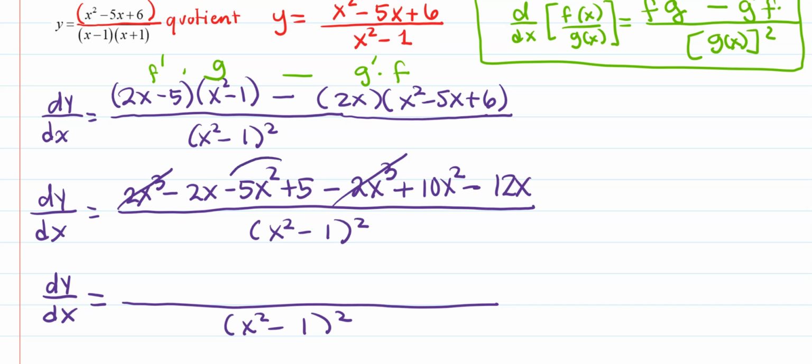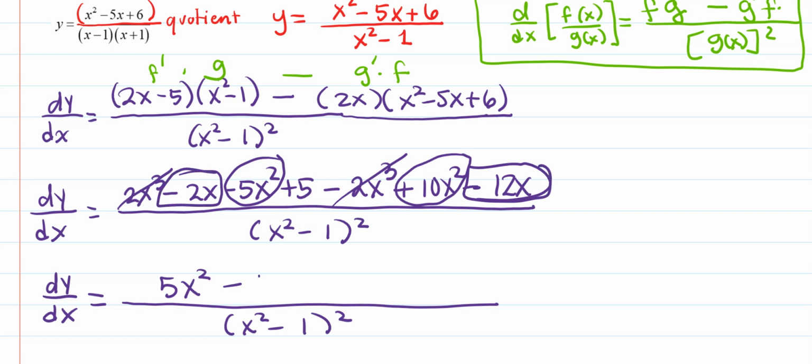And then negative 5x squared plus 10x squared, we'll have 5x squared left. Then negative 12x minus 2x is negative 14x, and then the plus 5.